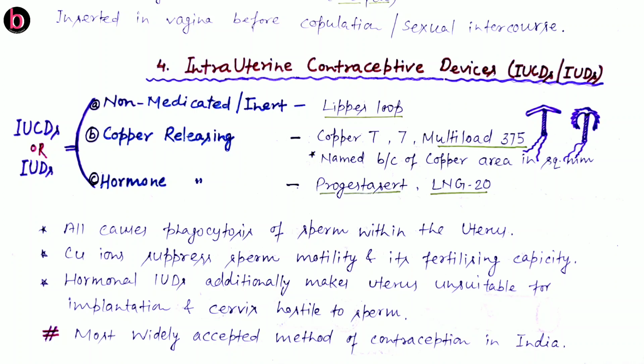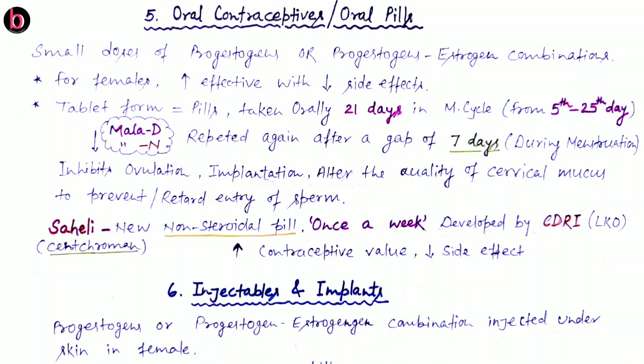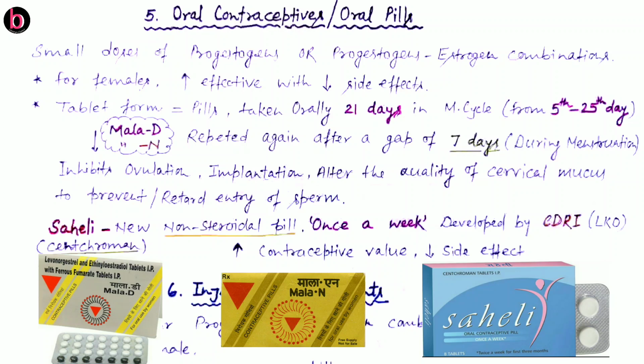When we discuss contraceptive methods or birth control methods, IUDs are the most widely accepted method of contraception in India.